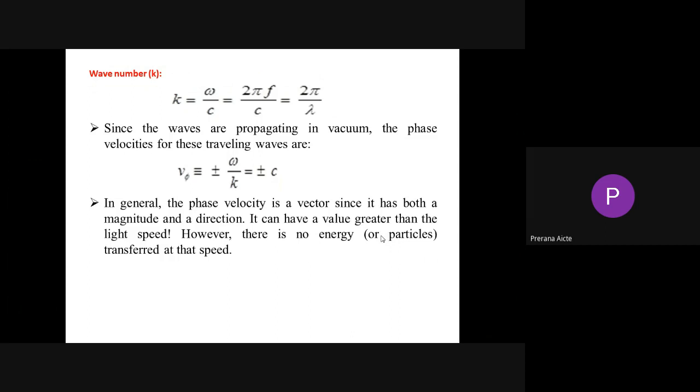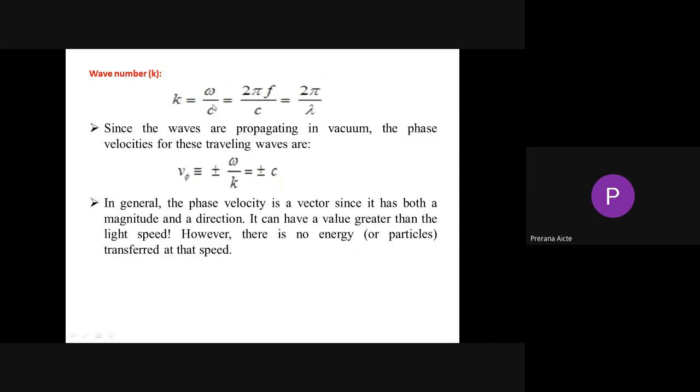Next, the characteristic impedance of the medium. Z equals omega mu by k. Omega equals k into c, as in the previous expression where k equals omega by c.